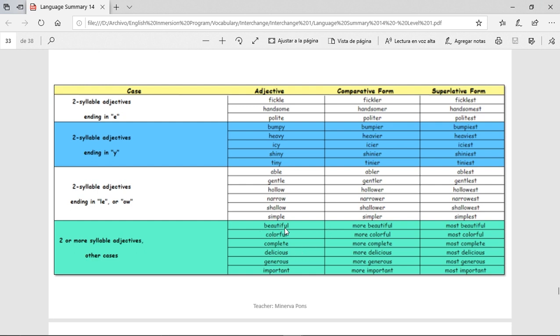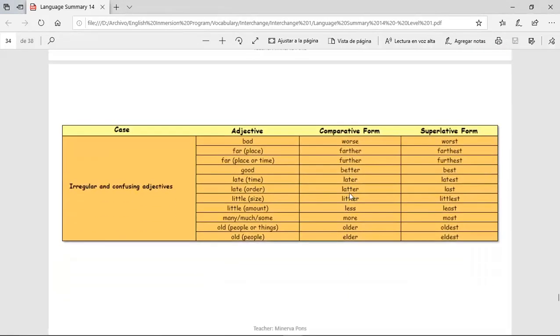Okay, beautiful. It's 3 syllables, so we just say more beautiful or most beautiful. Colorful, more colorful, most colorful. Complete. In this case, it's a specific case with 2 syllables. More complete, most complete. Delicious, more delicious, most delicious. Very good.